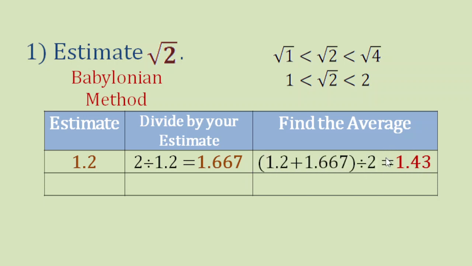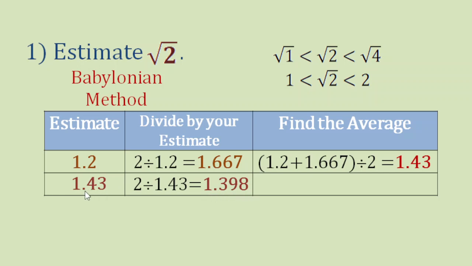And notice here that the average 1.43 is not close to 1.2. So we can continue, okay, the steps. Okay, we will make this our new estimate, 1.43. Then again, 2 divided by 1.43. So our answer is 1.398.